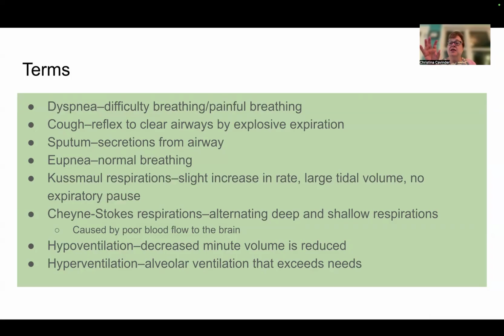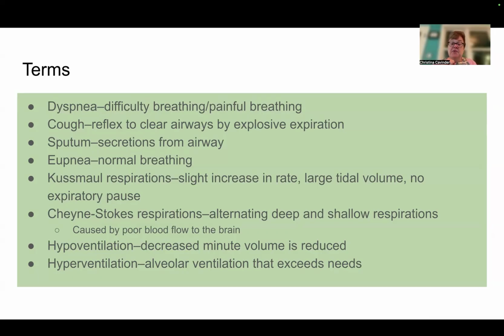Usually the trigger for a sneeze is something that hits you, like an allergen, in the upper airway to make you sneeze. Lower airway is a cough. So you might do both if you're sick with a respiratory infection or whatever. But a cough, never normal. It's never normal. There's something in there that you're trying to clear.